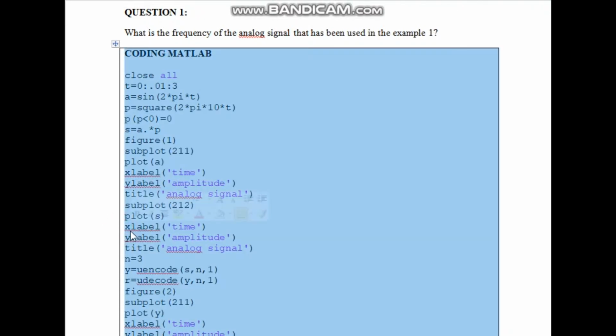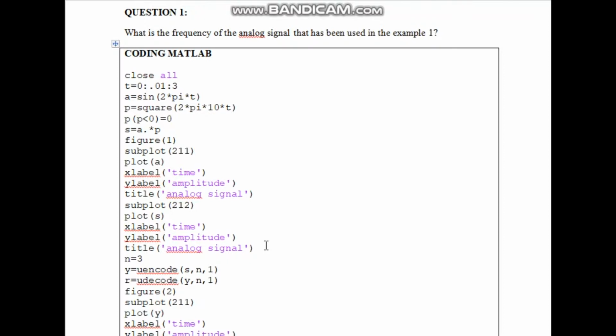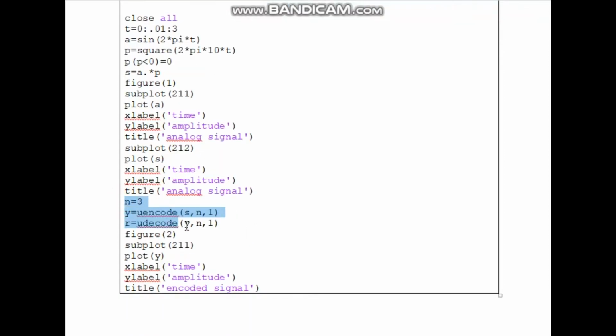Here n equals 3 is the assigned value of n, to equalize and encode floating point input to integer outputs. The title figure 2 is used to label the output window for figure 2, with the first subplot in the first column of the first row, and the second subplot in the second column of the first row.